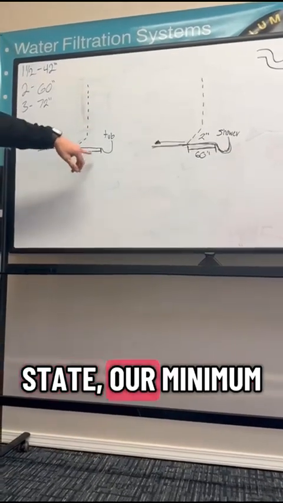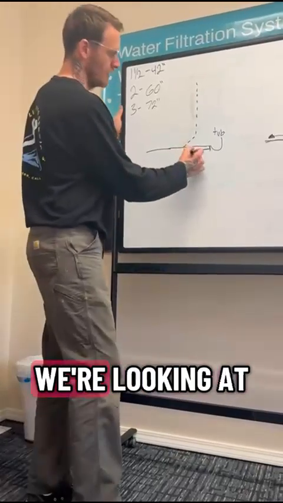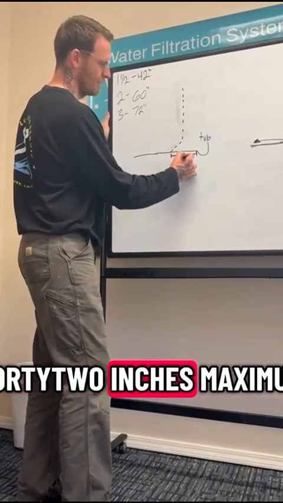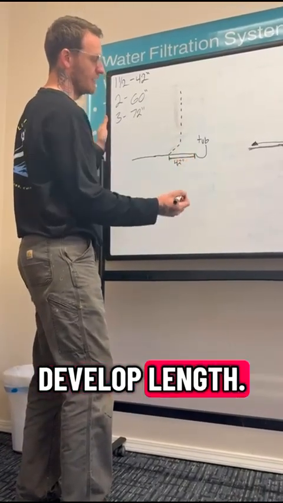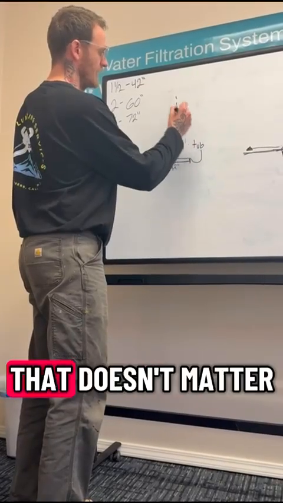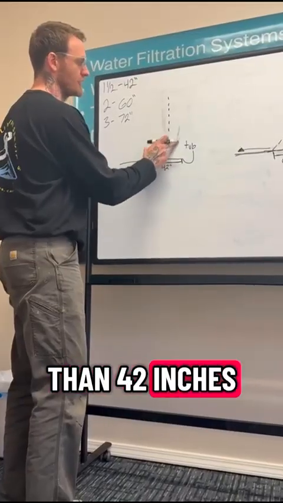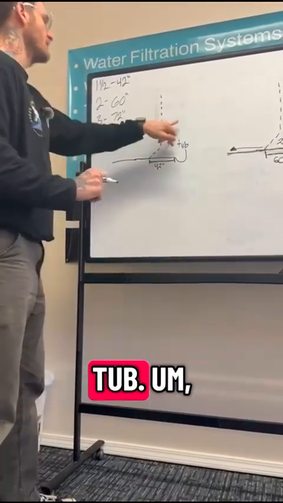Here in Washington State, our minimum size for a tub can be 1.5 inches, and over here, we're looking at 42 inches maximum developed length. Like I said, we can get this vent even closer if we wanted to. That doesn't matter whatsoever. We just cannot be further away than 42 inches from our vent line to our tub.